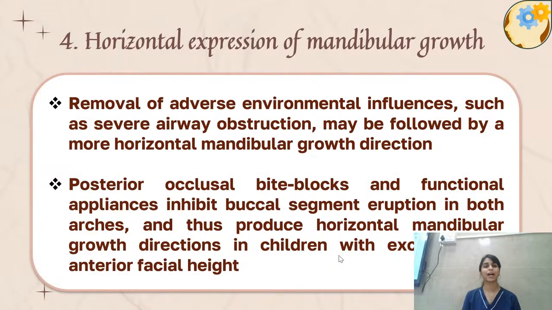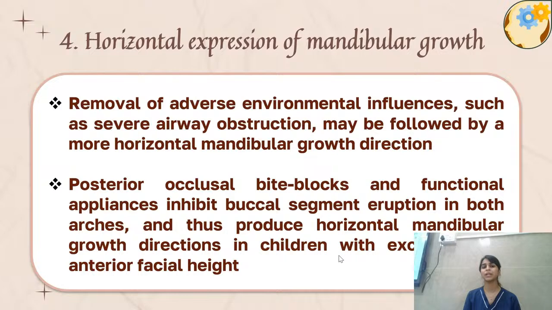Talking about the fourth factor, that is horizontal expression of mandibular growth. On removal of adverse environmental influences such as severe airway obstruction, it may be followed by a more horizontal mandibular growth direction. Whenever we use posterior occlusal bite blocks or functional appliances as in twin block, the occlusal bite blocks inhibit the buccal segment eruption in both the arches and produce a more horizontal mandibular growth direction in children with excess lower anterior facial height.